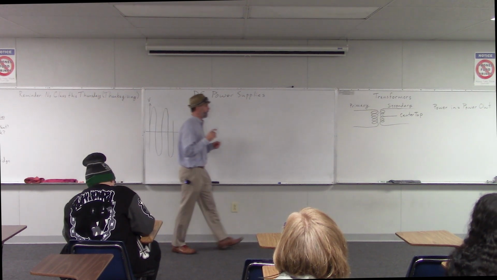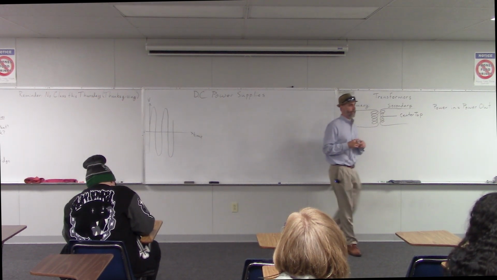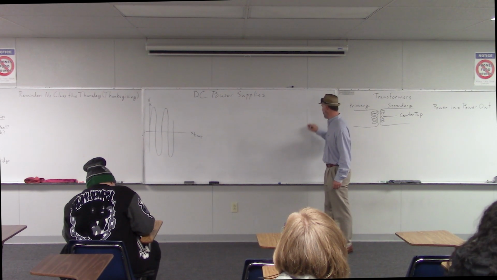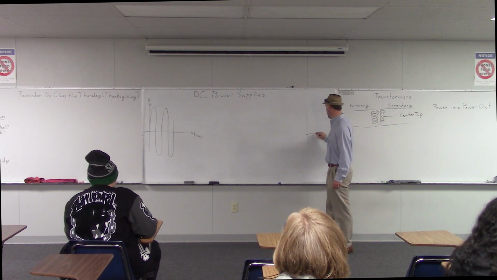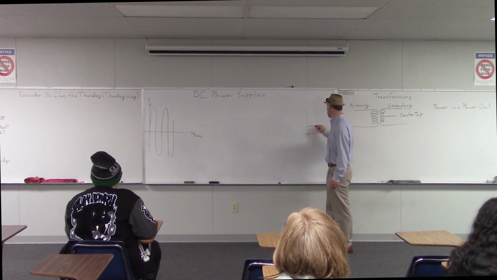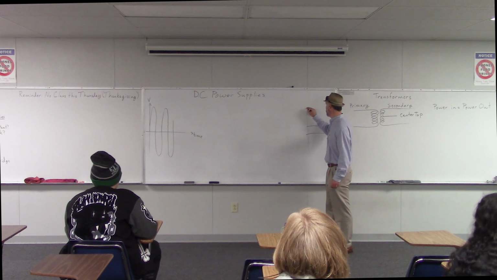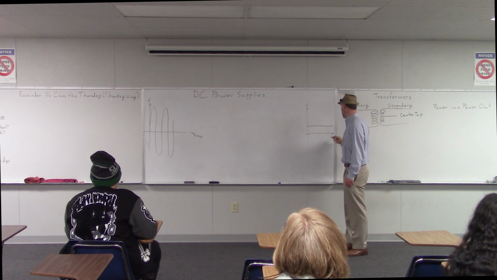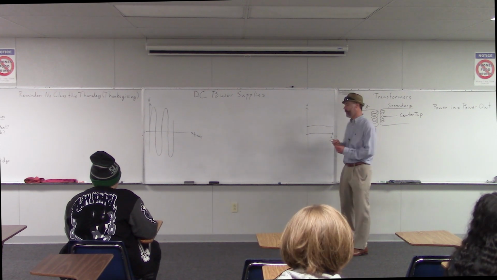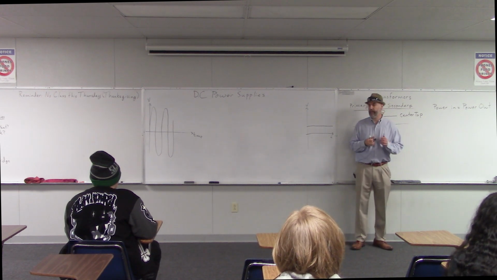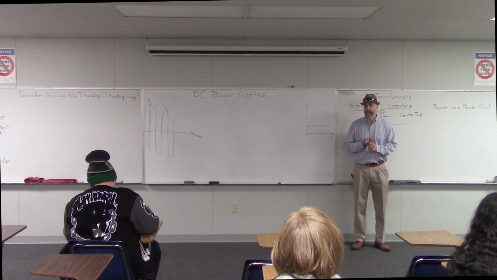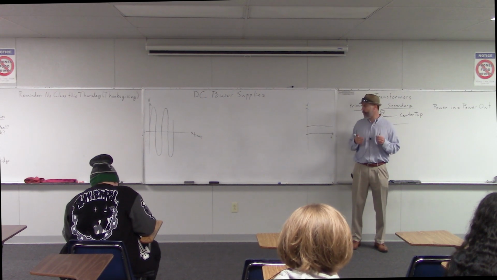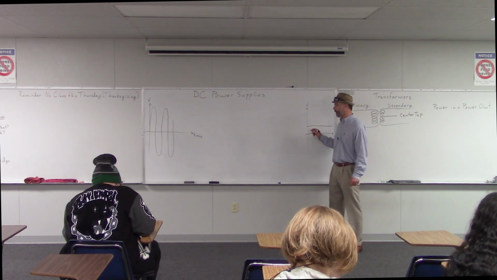But the problem was that a lot of electronic devices that we use in our house don't require high voltage AC electricity. They actually require low voltage DC electricity. So again, if that's voltage and this is time, then the devices in our house, like cell phones, computers, batteries, they require low voltage DC electricity in order to run.